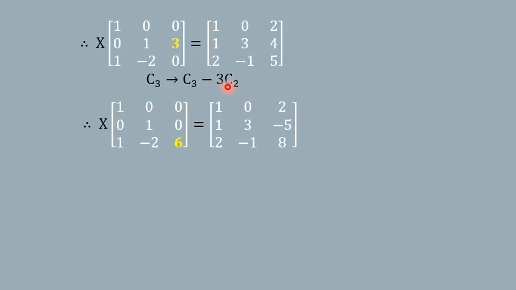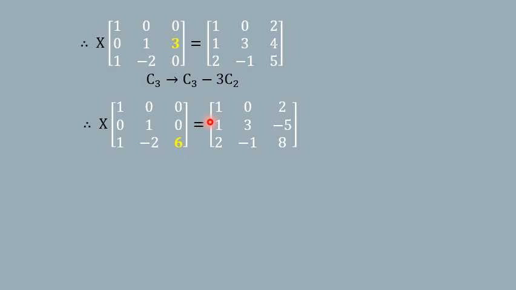We get this matrix X as it is, the first column as it is, the second column as it is. Now just multiply the second column by 3 and subtract it from the third column. So 0 minus 0, answer will be 0. 3 minus 3, answer will be 0. And 0, this minus minus becomes plus, 3 sixes are 6, so 0 plus 6, answer will be 6.